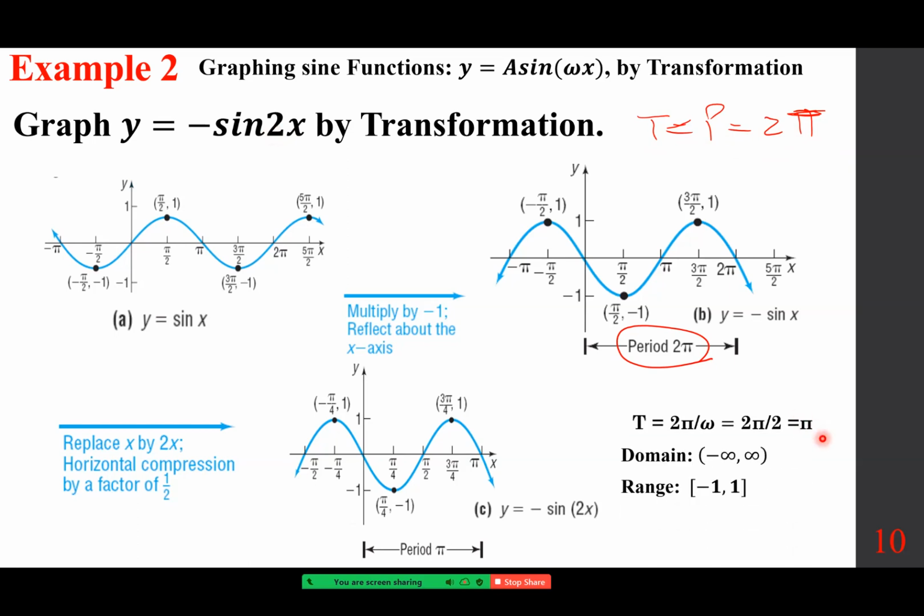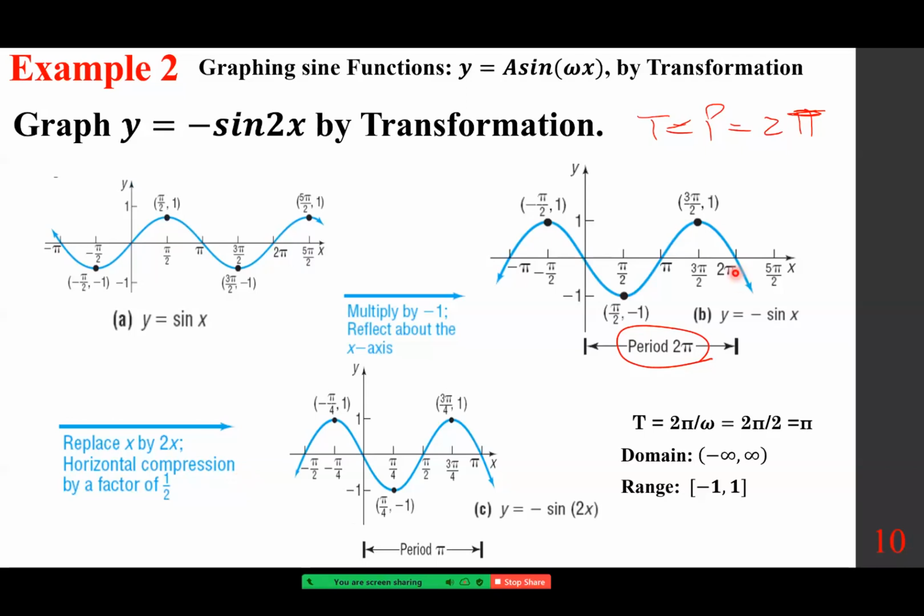So the graph flips over with respect to the x-axis, meaning reflection about the x-axis, and this results in horizontal compression by a factor of 1/2.